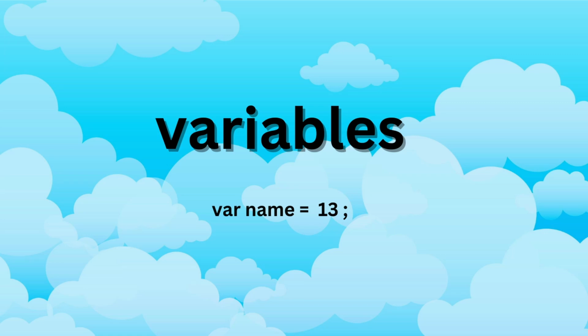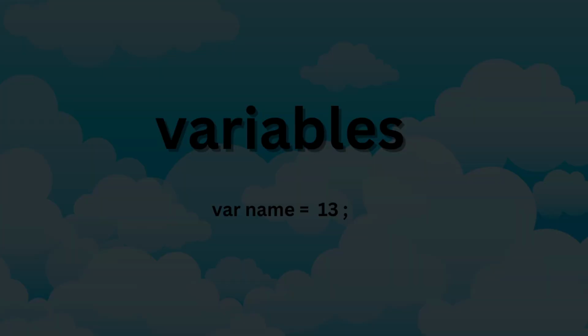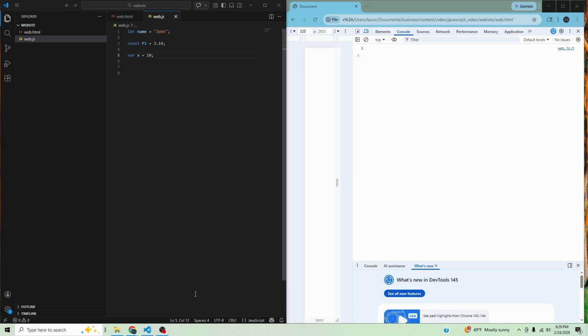Now we're going to look at what that looks like in code. These are the three different types of variables: let, const, and var. We're going to start off with let first.